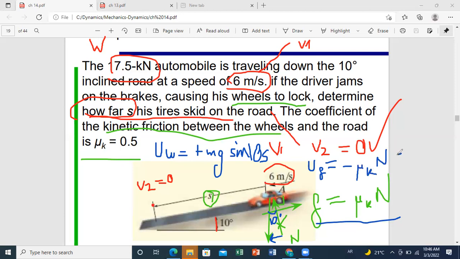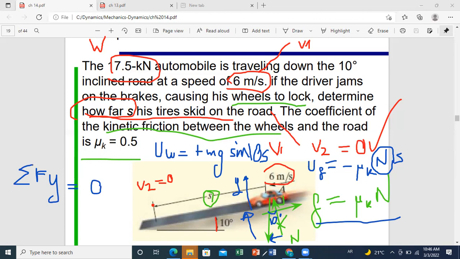To be able to complete my system of equations, I just need to know the value of n. So all I have to do, like in the previous problem, is project along y, because there is no motion along y. This is the y direction. Since I don't have motion along y, I can write that the sum of forces along y is equal to 0. The normal reaction is along y because it's perpendicular to the incline, while your weight will have a projection on y.